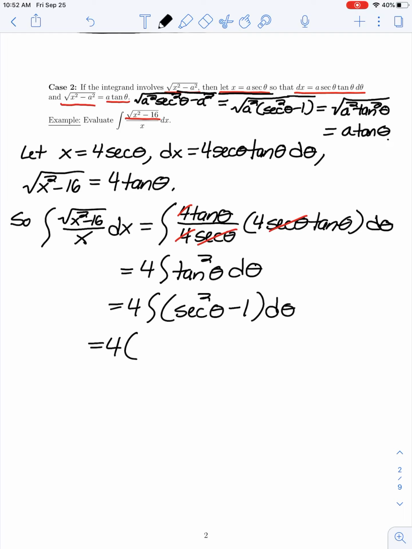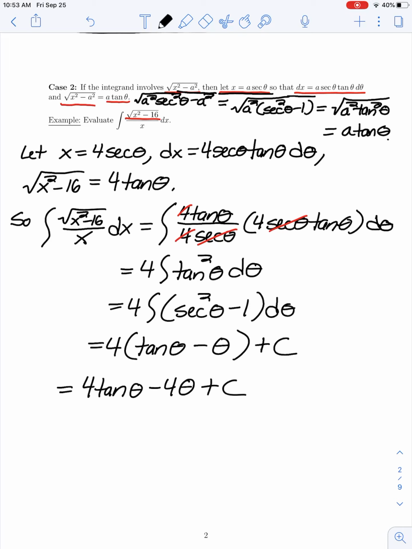The antiderivative of secant squared theta is tangent theta, minus the antiderivative of 1 with respect to theta, which would be theta, and we can add our constant of integration at this point. So now we need to find our answer in terms of x. Let's see what we have here. Maybe if I first distribute my 4, we have 4 tangent theta minus 4 theta plus c.